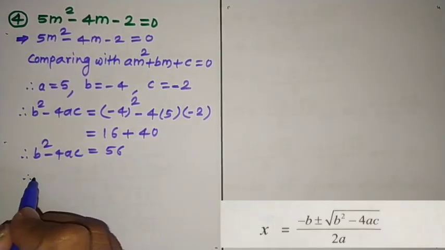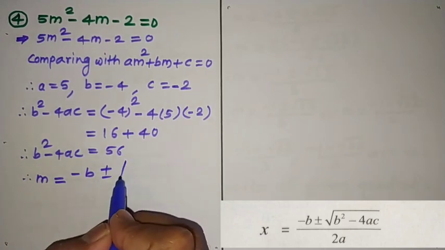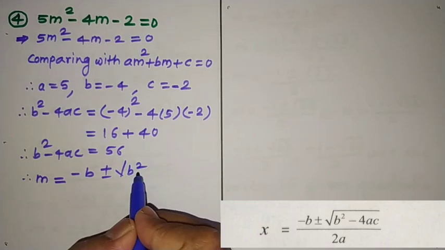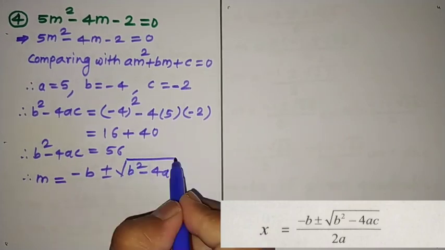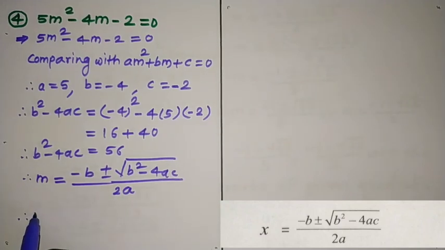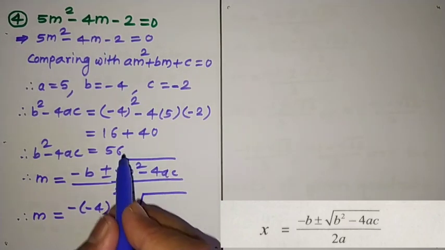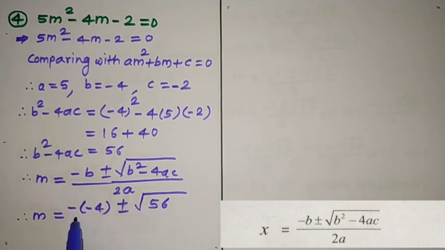Write down the formula. m is equal to minus b plus minus the square root of b square minus 4ac, upon 2a. Put the value of b in this formula. The value of b is equal to -4. Write it in the bracket, plus minus the value of b square minus 4ac, which is 56, upon 2 into a is equal to 5.